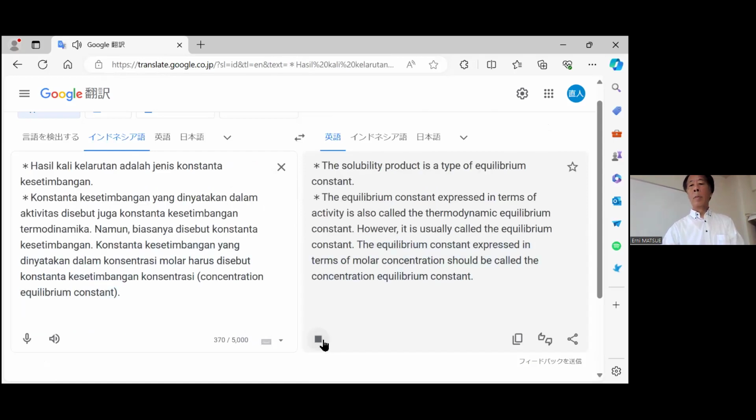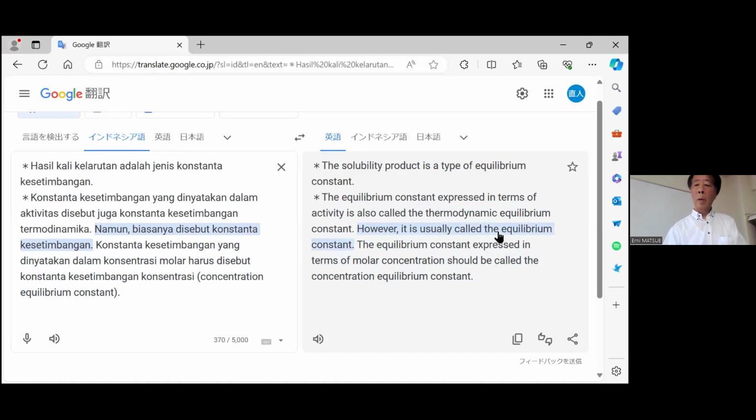The solubility product is a type of equilibrium constant. The equilibrium constant expressed in terms of activity is also called the thermodynamic equilibrium constant. However, it is usually called the equilibrium constant. The equilibrium constant expressed in terms of molar concentration should be called the concentration equilibrium constant. Okay, this is very important.